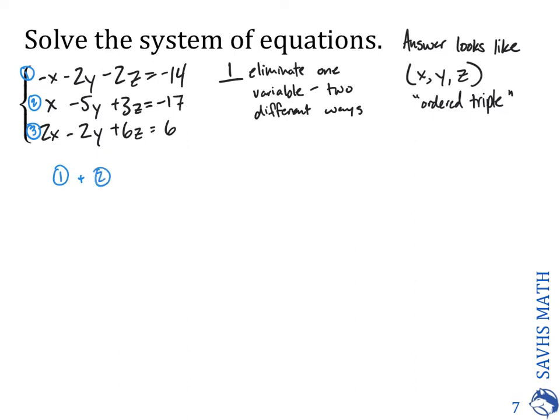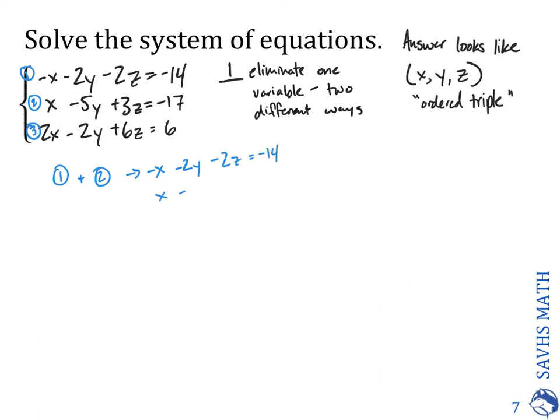And the reason I can do that is because, just like with regular elimination, I can look at this and see, oh, there's a negative x and a positive x, and if I add those two together, I will get 0. So let's do that. Let's rewrite negative x minus 2y minus 2z equals negative 14.